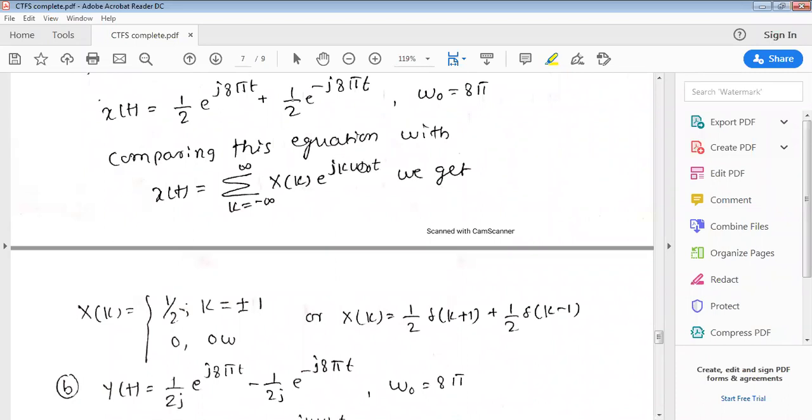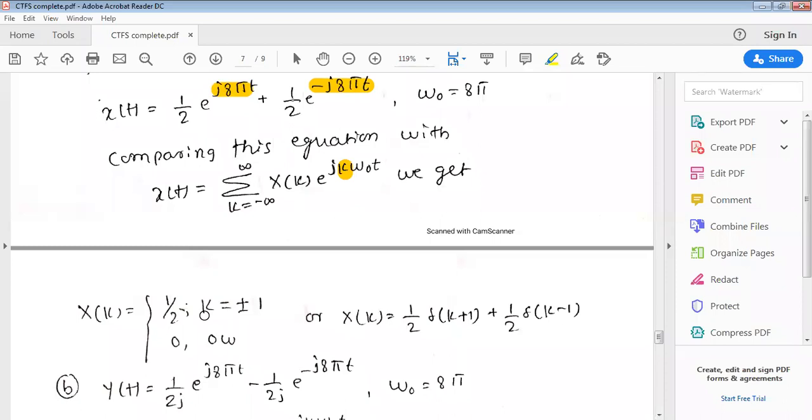So omega naught is 8 pi, so it will become e power j 8 pi into t. Therefore k will become either plus 1 or minus 1. When k is plus 1, you are going to get plus j 8 pi. When k equals minus 1, you are going to get minus j 8 pi. Therefore, I'll write it is 1 by 2 for k equal to plus or minus 1, and for all other cases it is 0 because all other terms are not existing.